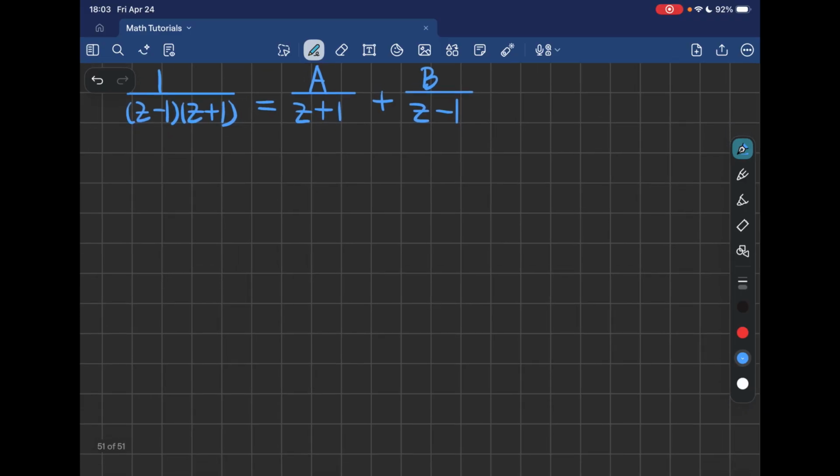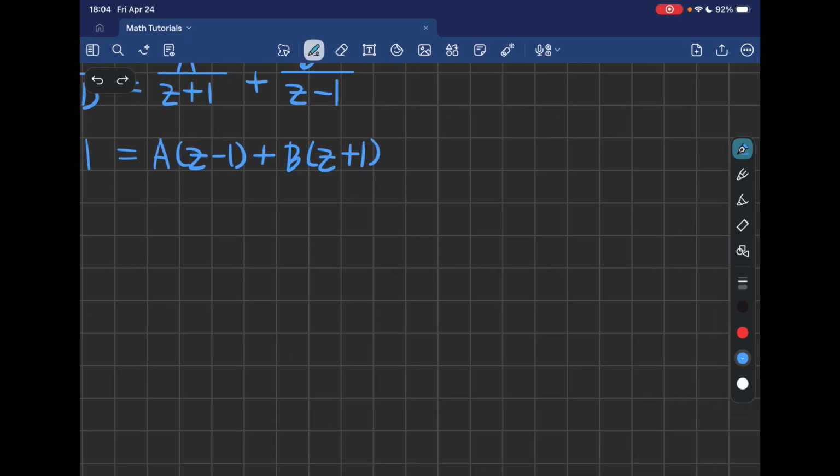So if we multiply on both sides the numerator by z plus 1 times z minus 1, we will have 1 equals a times z minus 1 plus b times z plus 1. That equals 1. So we're solving for a and b because we want to write this into two separate rational expressions, right?